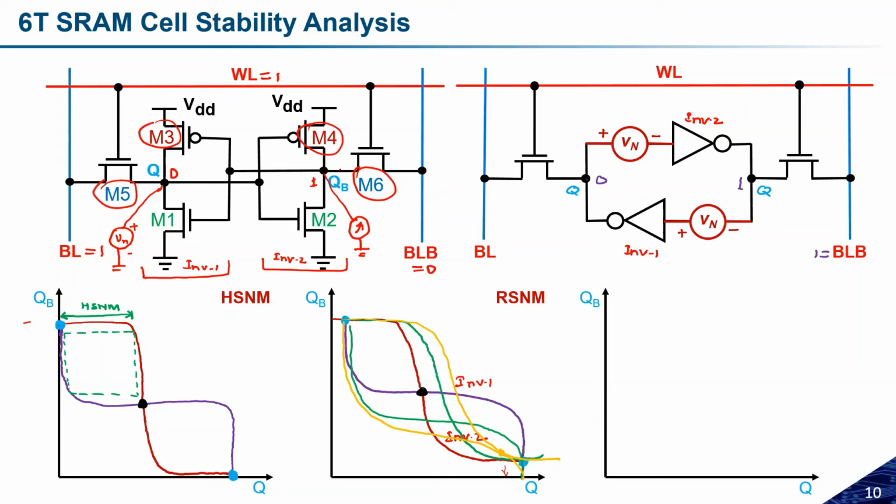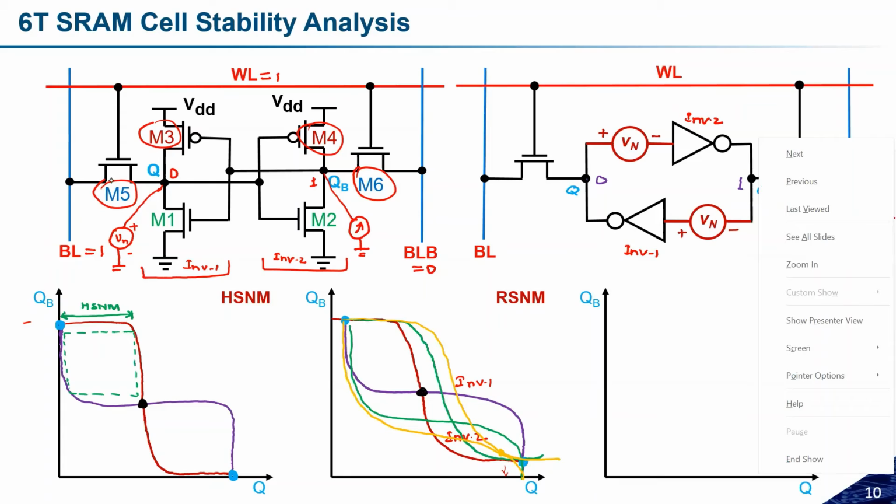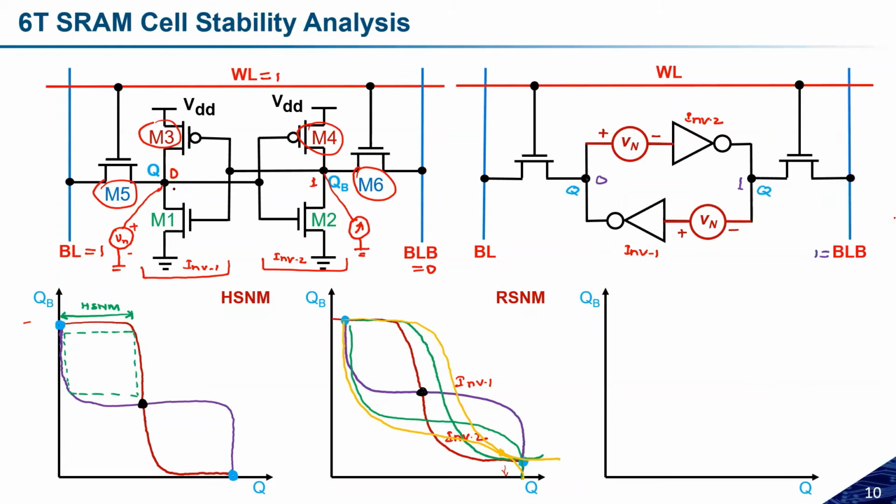If the voltage divider pulls this Q below the trip voltage of this inverter, like whatever the voltage divider over here, this is the input, that is whatever Q we have. And if this Q voltage is sufficient, that is more than the trip point voltage of this inverter, like if I'm changing this voltage Vn in such a way that it crosses the trip point voltage.